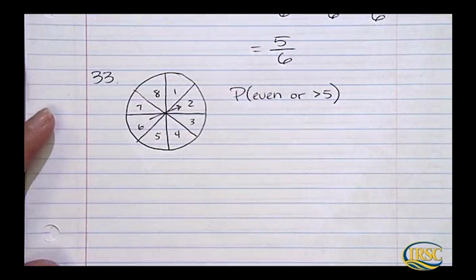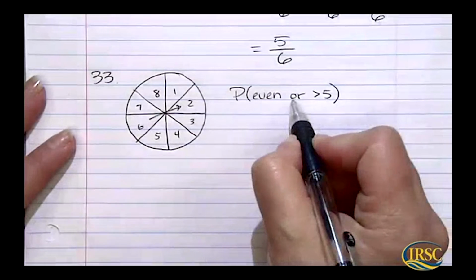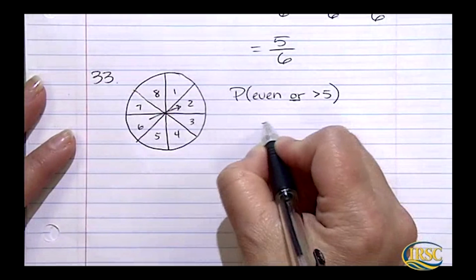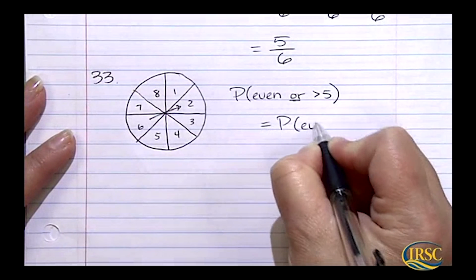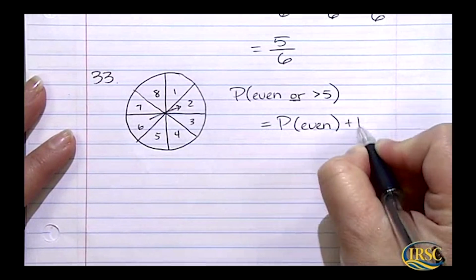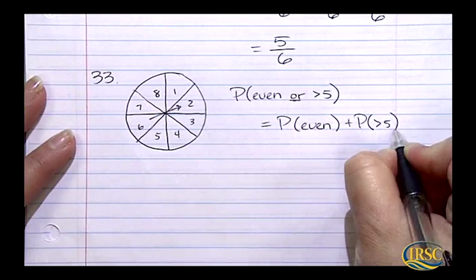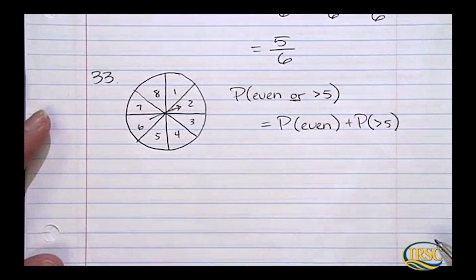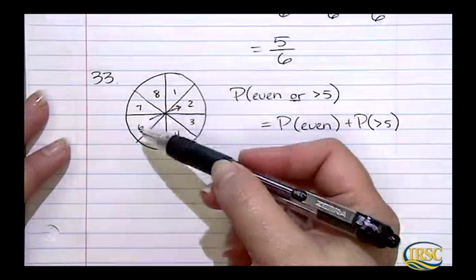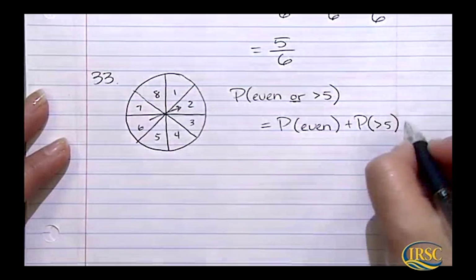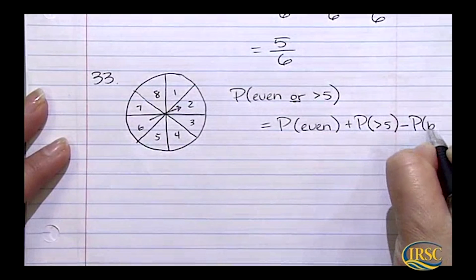Okay, key word in this problem, or. So that means we are adding our probabilities together, the probability of even plus the probability of greater than 5. Is it possible to get an even number and a number greater than 5 at the same time? Yes, okay, there are even numbers greater than 5. So we're going to subtract the probability of both.